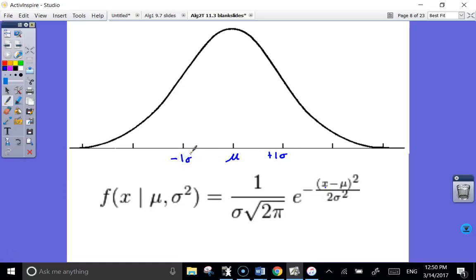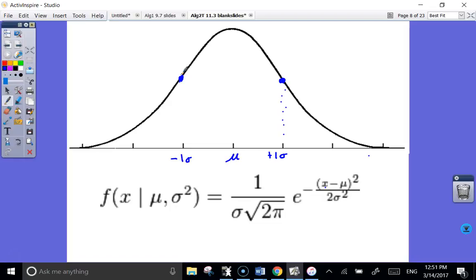If I go up to the curve, it's going to intersect maybe about right there. One standard deviation to the right or to the left should be about halfway down from the peak. It looks like it's not quite right on this one, but that should be, in the vertical sense, about halfway down towards the x-axis.